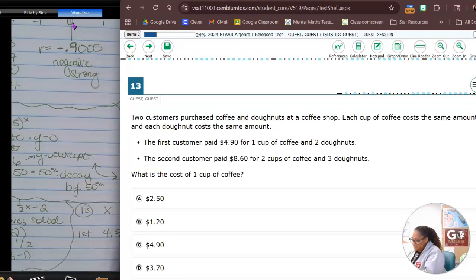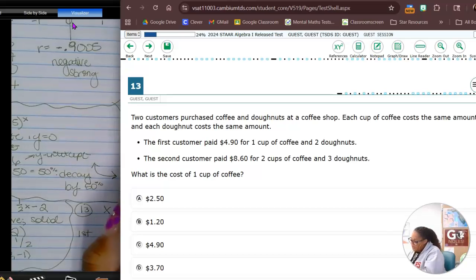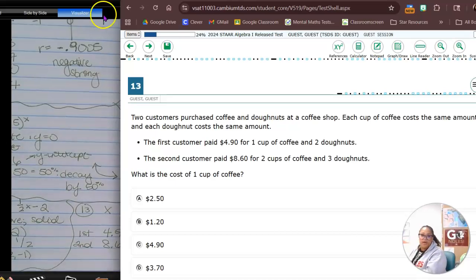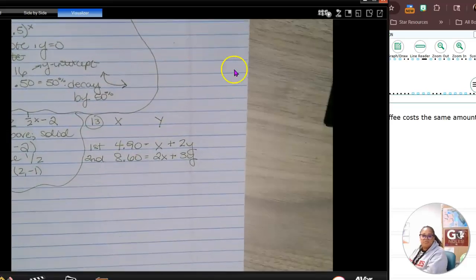So that's X. And 2 donuts. That's 2Y. The second customer paid $8.60 for 2 cups of coffee. So that's 2X. Plus 3 donuts. That's 3Y. So I just wrote a system here.